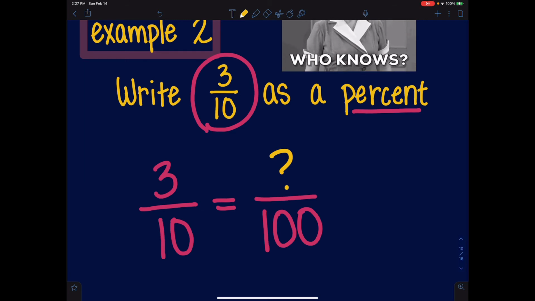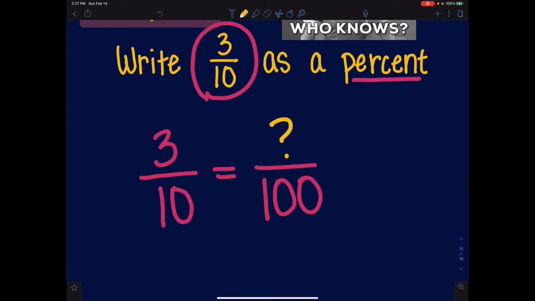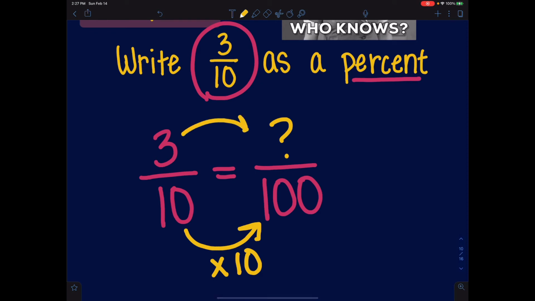So what is this something? And what you do to figure this out is you say, well, I went from 10 to 100, and to go from 10 to 100, I multiplied by 10. So if I do that to the bottom, I have to do it to the top. So let's multiply the top by 10. And now instead of a question mark, we can do 3 times 10, which is 30.